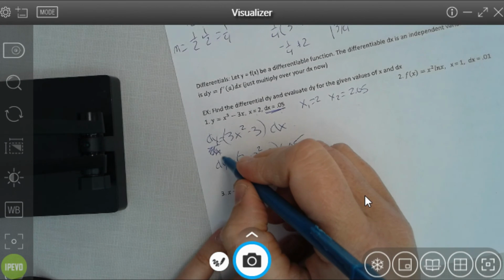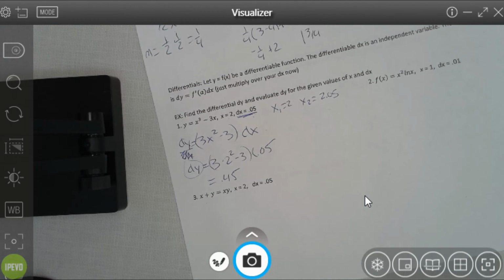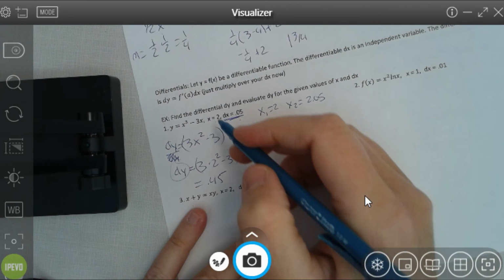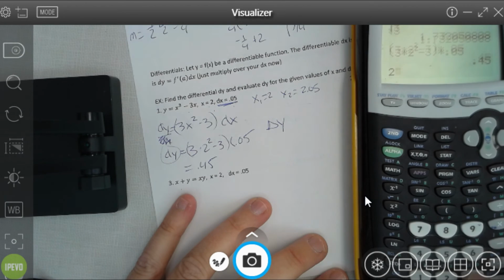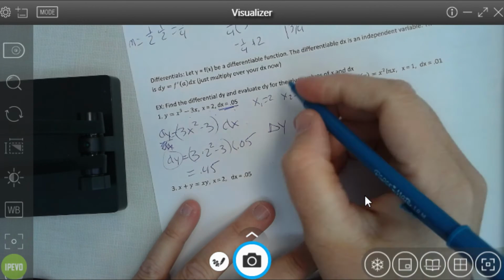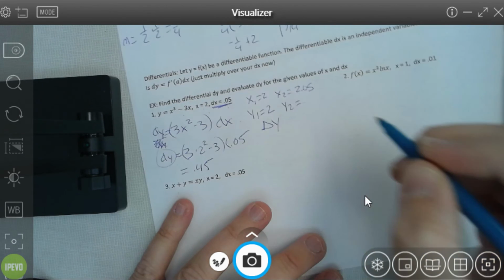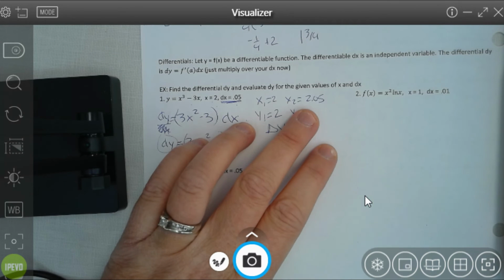So that's the dy over dx. Now, just as a little side note, because I think this is on your guys' test, if I asked you for the change in y, that would be like plugging 2 into the original. So let's see, we'd have 2 to the power of 3. So my y1 would be 2, and then y2, plug in this one, 2.05 to the power of 3.